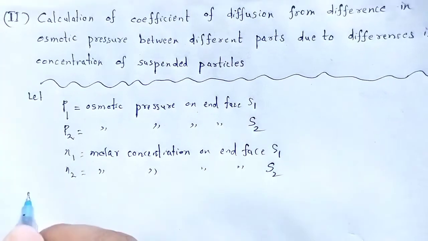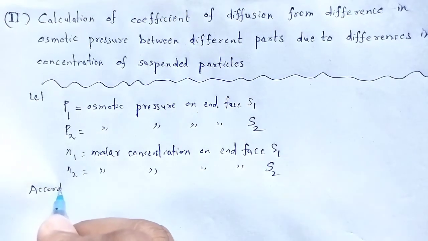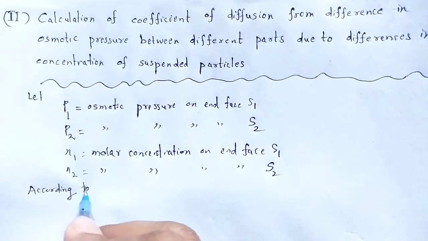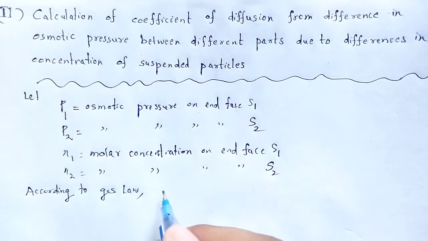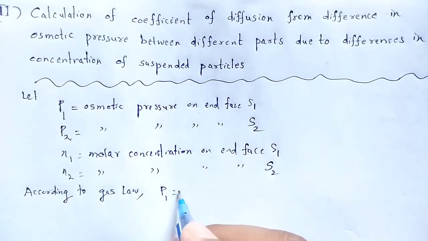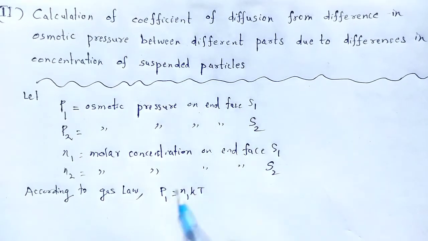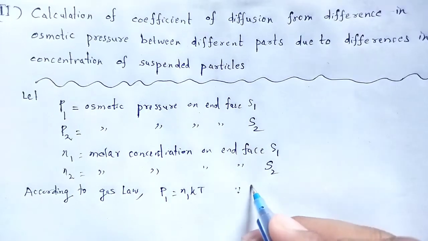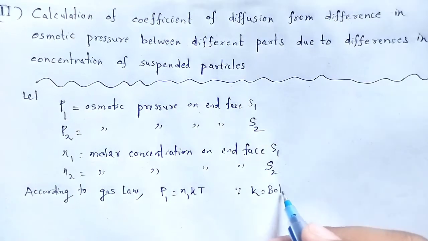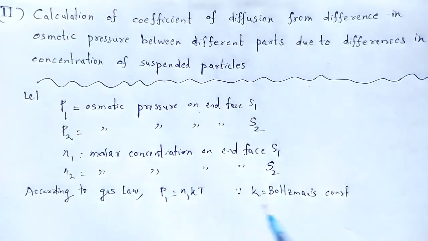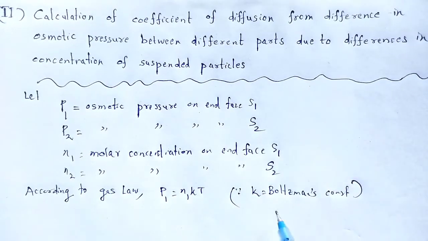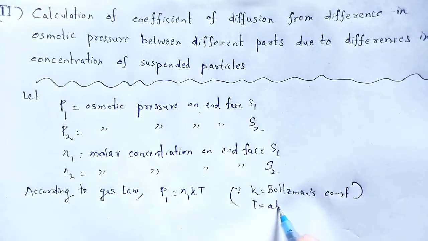According to the gas law, P1 is equal to N1 kT, where k is the Boltzmann constant and T is the absolute temperature.